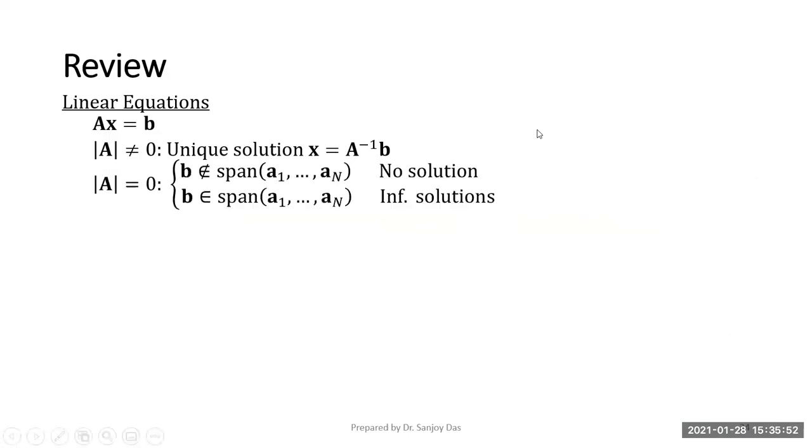We looked at linear equations, Ax equals b, with the same number of rows and columns, so we have n expressions in n variables. If the matrix A is invertible, non-singular, then the unique solution is x equals A inverse B. Otherwise, you can end up with infinite or no solutions.